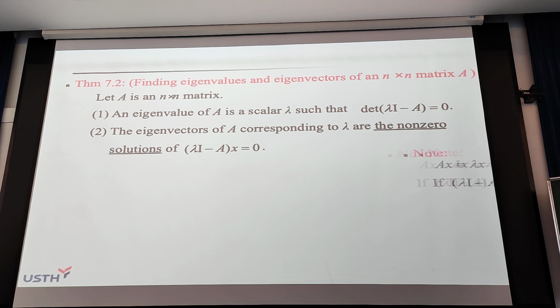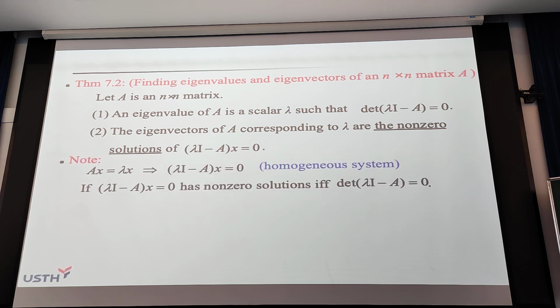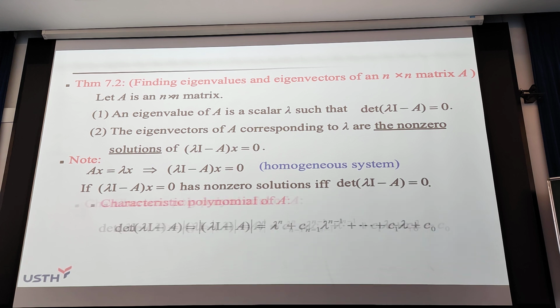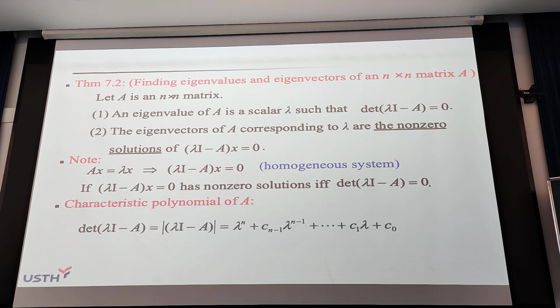That system has a non-zero solution if and only if the determinant equals 0. Because of that, lambda must be a solution of the characteristic equation. Here I just repeat some names for you.